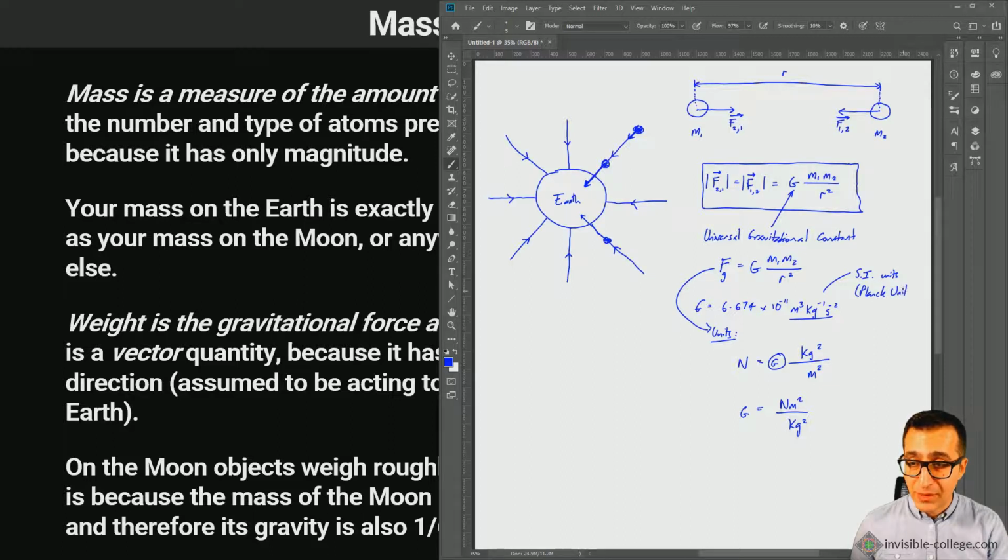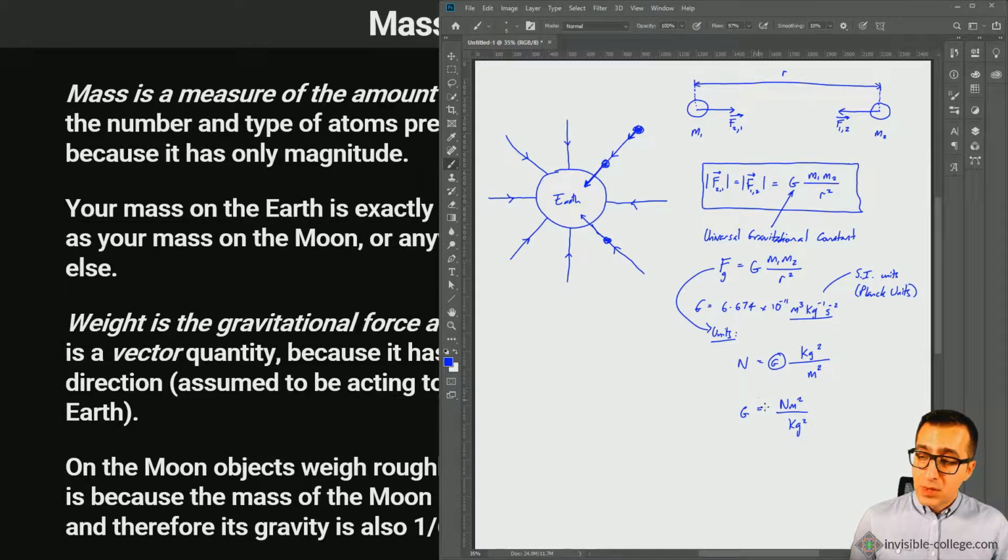If you want more information about that, then maybe check out the upcoming A-level physics course, or look this up online. It's actually quite interesting, but we're not going to be using these units. Instead, we're going to be using units that we derive by placing the standard units for mass, distance and force into the equation and rearranging for G. So we can see here that the units for G are newtons meters squared divided by kilograms squared.